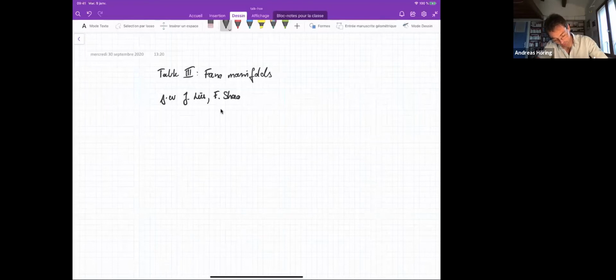As usual, I will take X to be a projective manifold, and recall that yesterday we looked at the case where K_X is nef. In particular, X is not covered by rational curves.